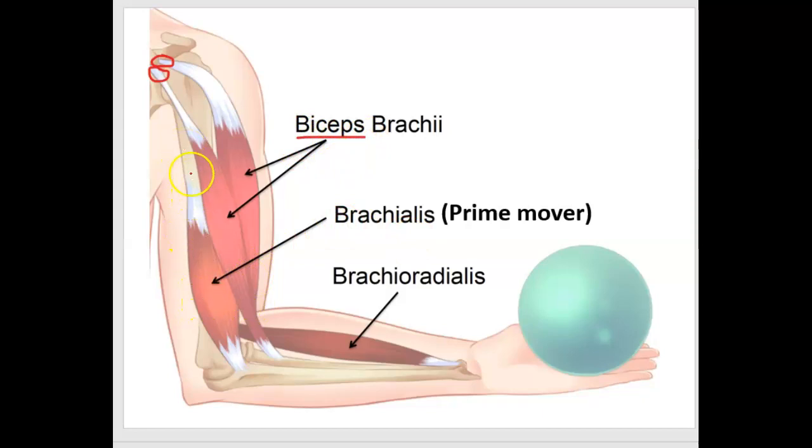Its origin is actually on the humerus, and it inserts on the ulna, whereas the biceps brachii inserts on the radius. The brachioradialis, you know the insertion by radialis, it's here, and it begins behind this brachialis on the humerus. So all three of those act to flex the forearm.